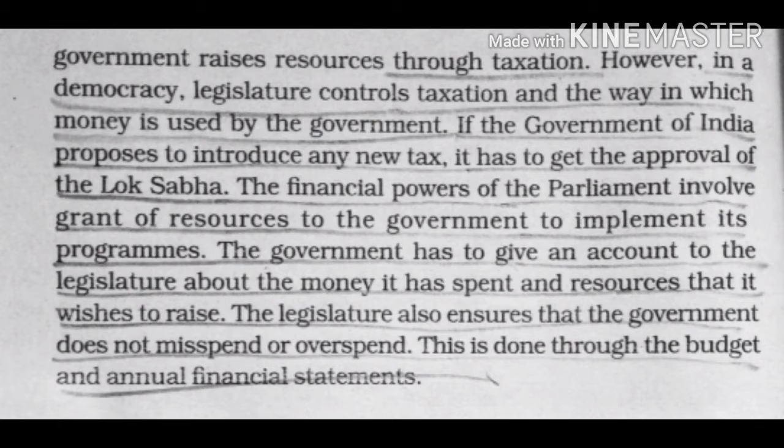So this is also one of the important powers in the hands of the Lok Sabha: no bill can be passed without its approval, especially a money bill. Without the approval of the Lok Sabha, not a single bill related to money can be introduced or approved by the Parliament. That means the Lok Sabha plays an important role in the financial power of the Parliament.